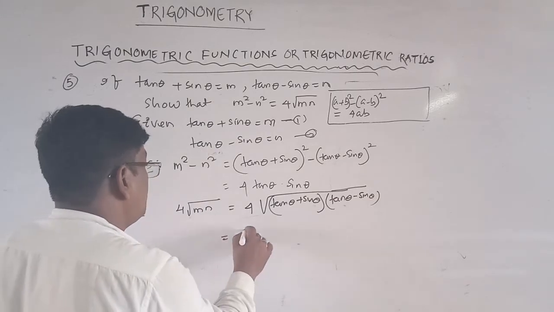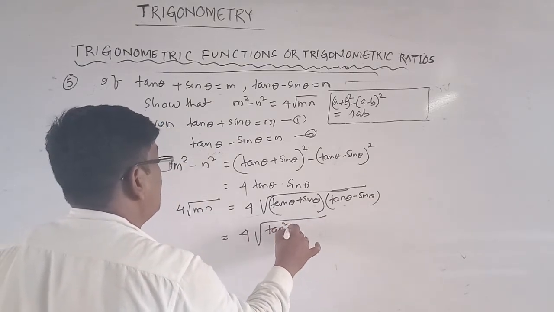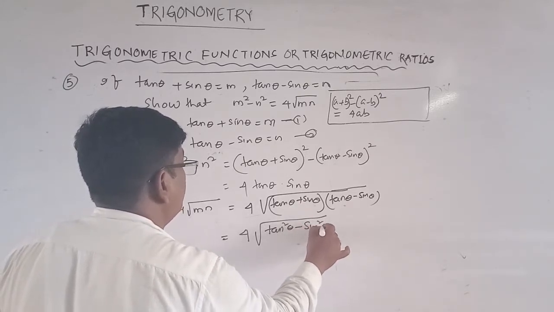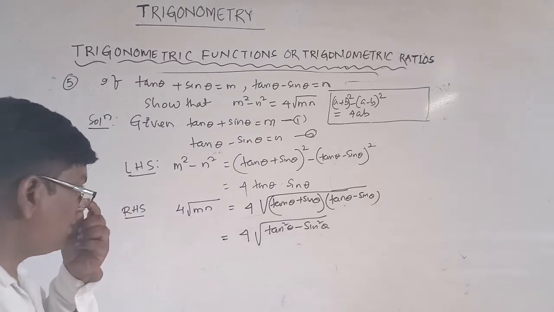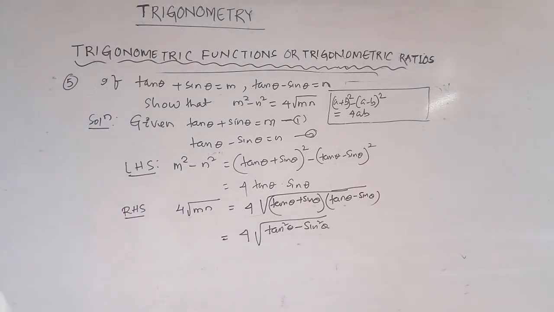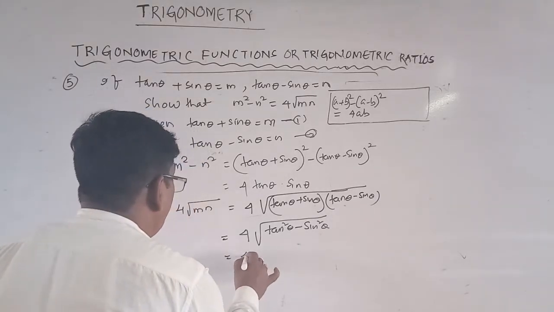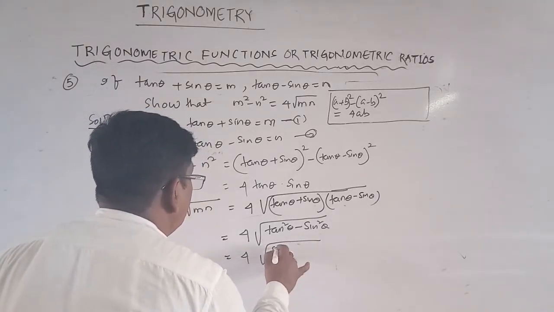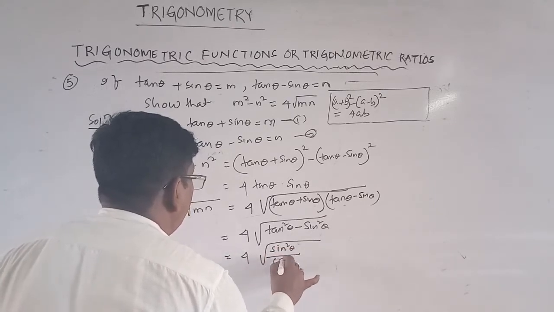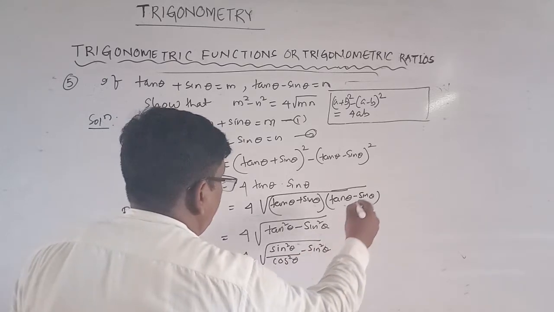So this is equal to 4 into root over tan square theta minus sin square theta. That is 4 root over sin square theta divided by cos square theta minus sin square theta.